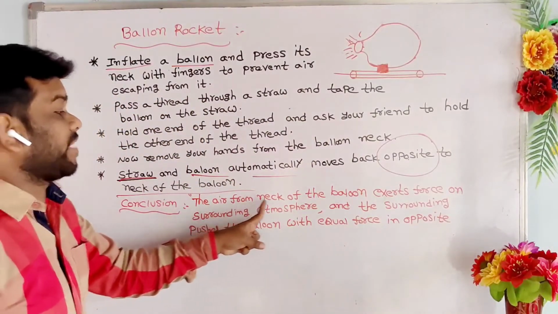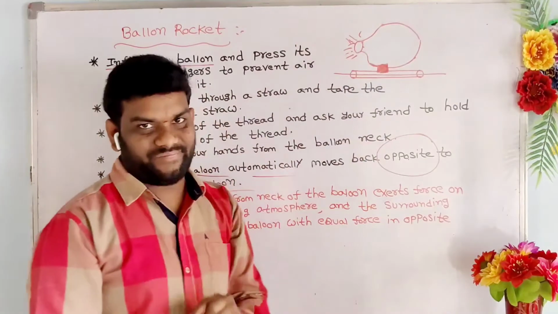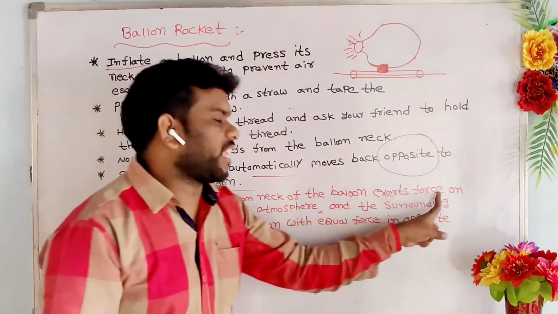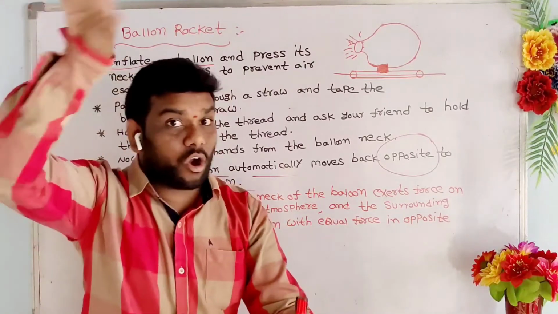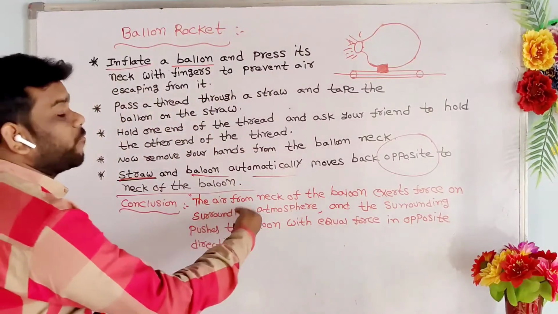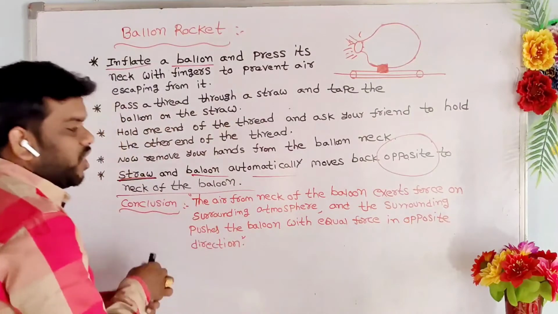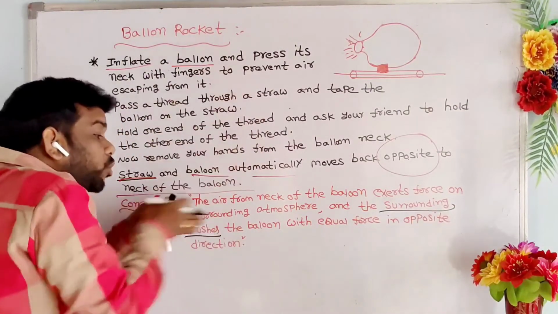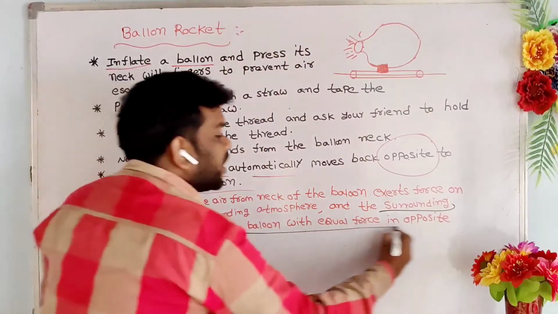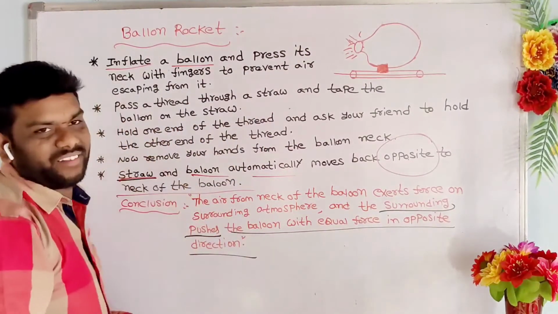So the air from the neck of the balloon exerts a force on the surrounding atmosphere. Now the surrounding atmosphere pushes this balloon with equal force in the opposite direction.